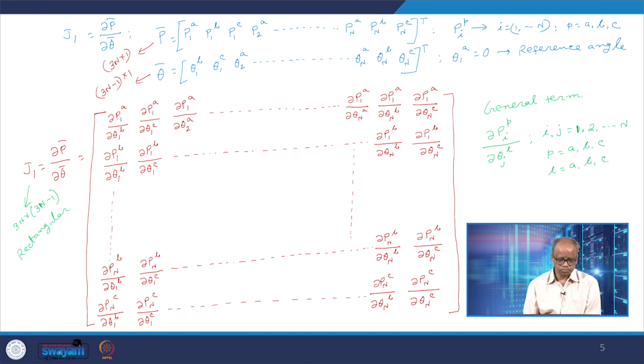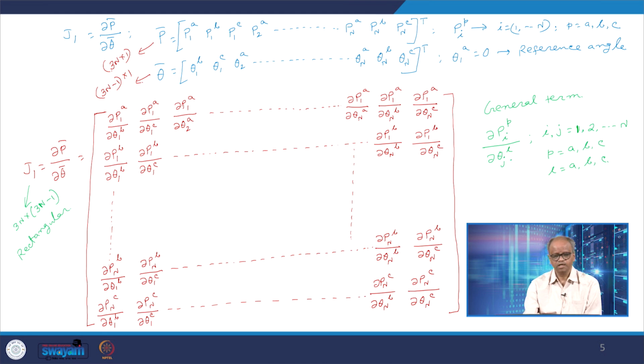Now obviously we have to find the general expressions of this del P_i^p by del theta_j^l, where index i can take any value 1 to n, and superscript p can take any value a, b, c.